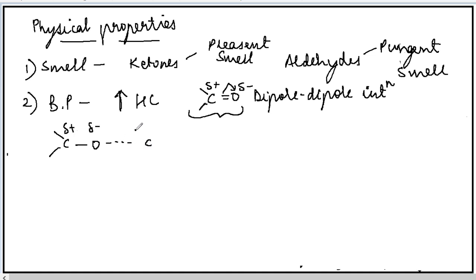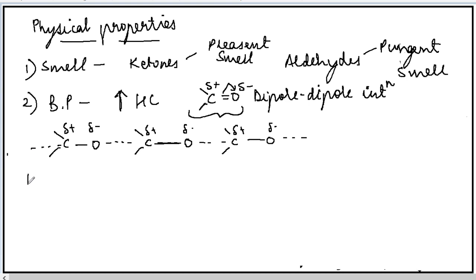This will interact with the positive dipole of the other carbonyl group, and this oxygen further interacts. So in this way the dipole-dipole interaction is there, and due to this their boiling point is higher than that of the hydrocarbon.